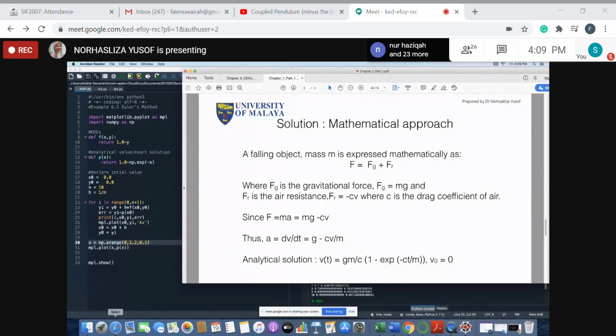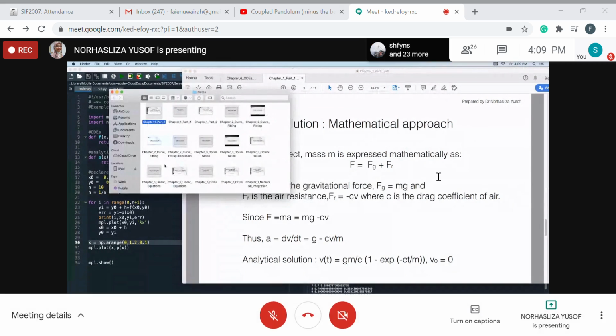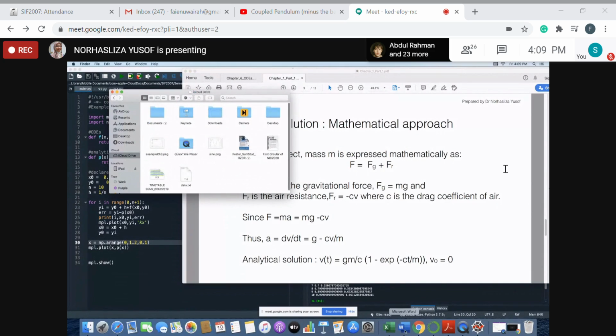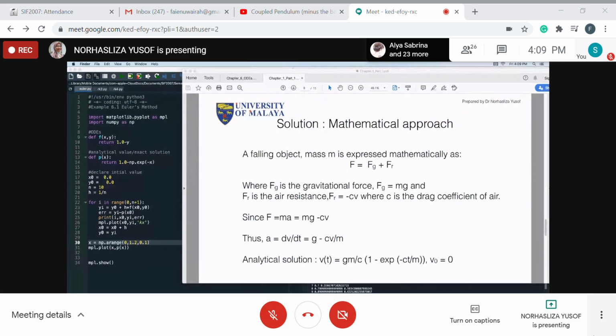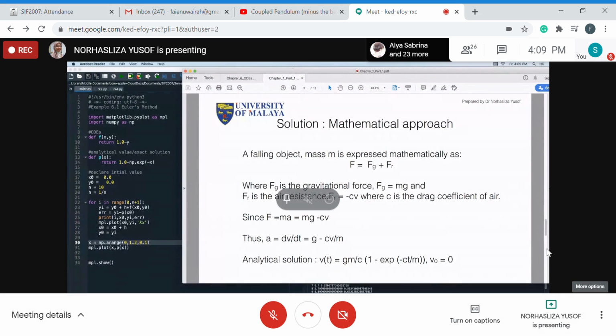Okay, so another thing is I already prepared some tutorials for you. I guess I open it here. Please open your Spectrum. I think my computer is hanging because I opened a lot of things here.